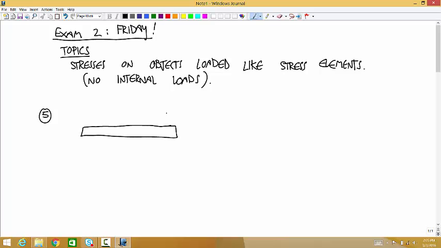So you have an object like this, and you're given a distributed load on the top and bottom of 8,000 newtons per meter squared.